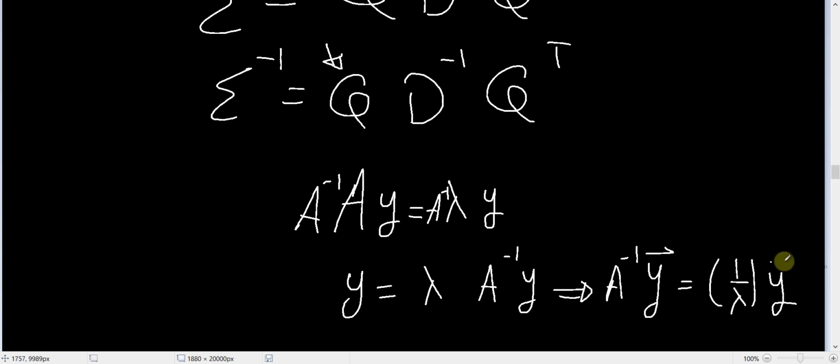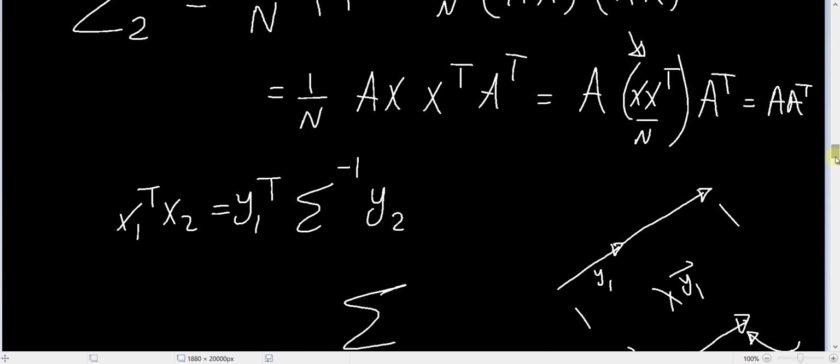Again, meaning that Y is also an eigenvector for the matrix sigma^-1, or A^-1 in this case. So this means that Y1 and Y2 are both eigenvectors for the matrix sigma^-1.